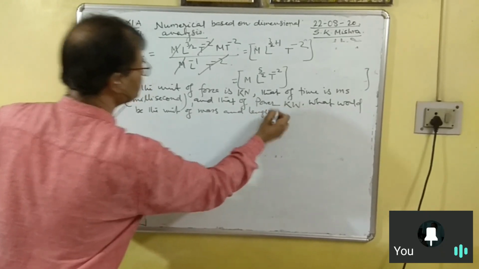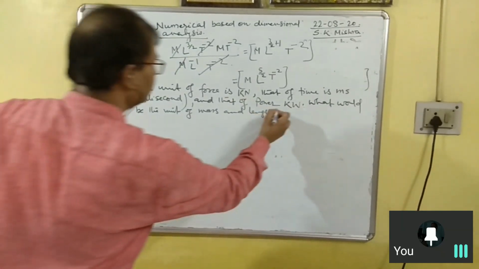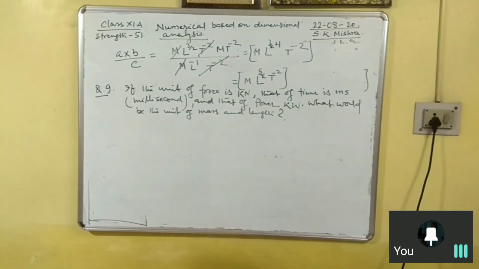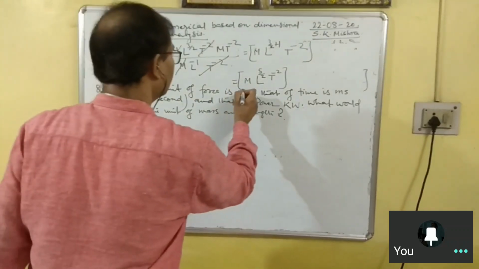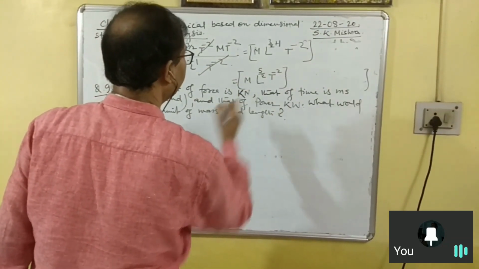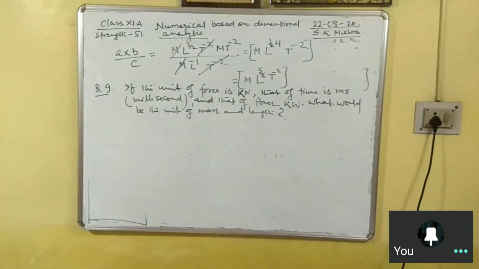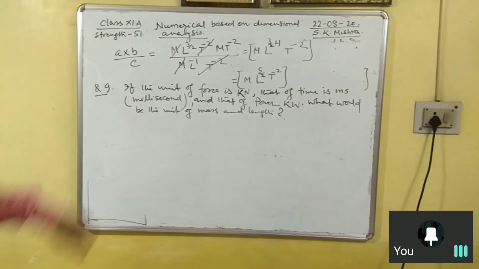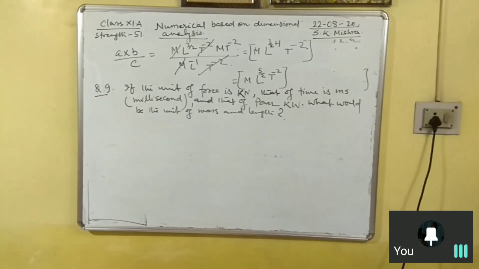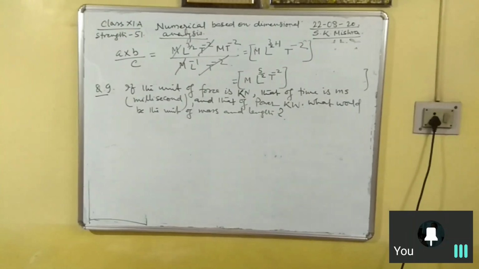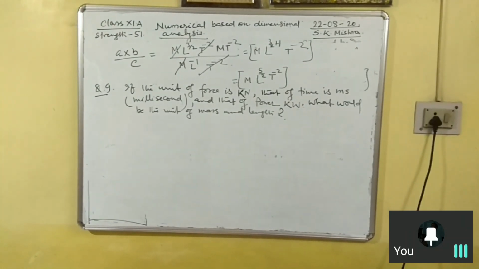If the unit of force is kilonewton, that of time is millisecond, and that of power is kilowatt, then what would be the unit of mass and length?